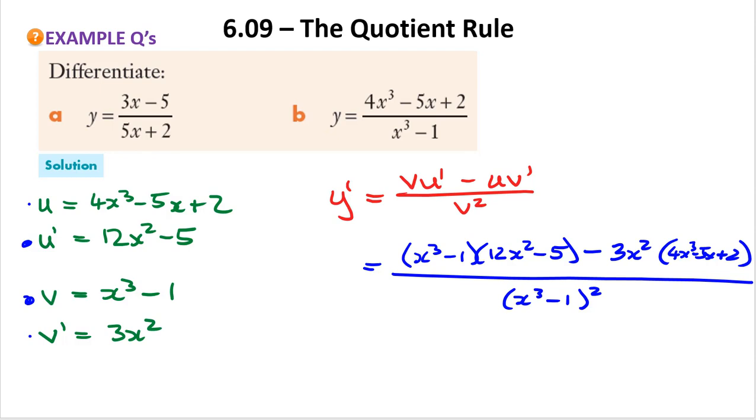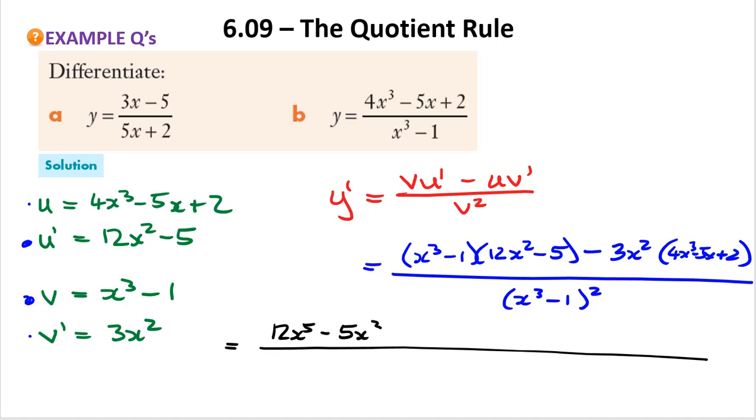So now we just want to expand this. I'm going to give myself a lot of room here. A nice big fraction. You'll have plenty more room on your page. x cubed times 12x squared, so that's going to be 12x to the power of 5. x cubed times 5, minus 1 times that term.